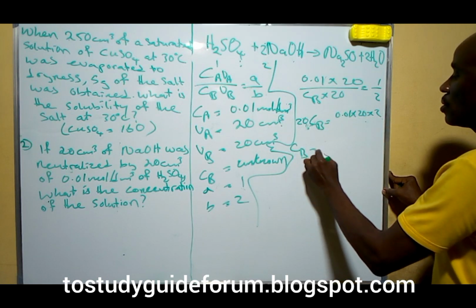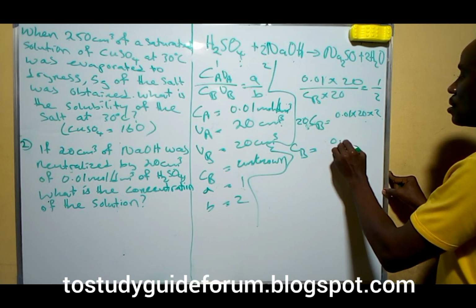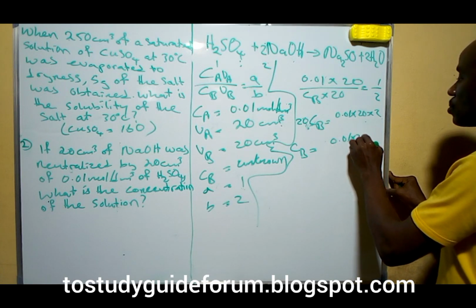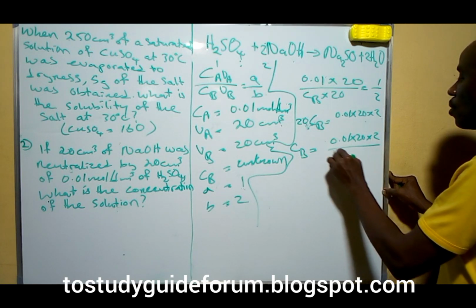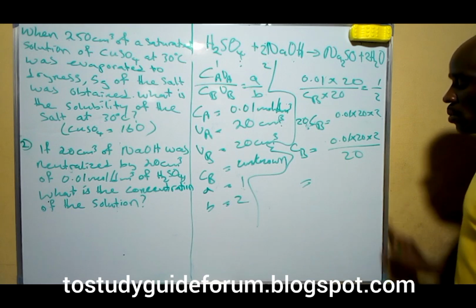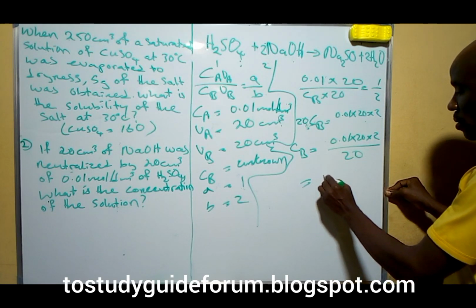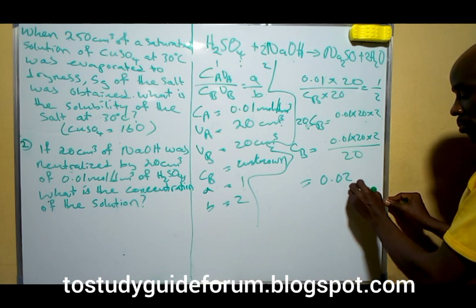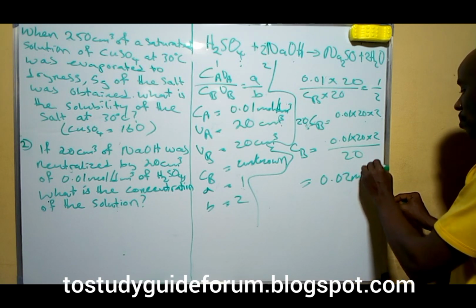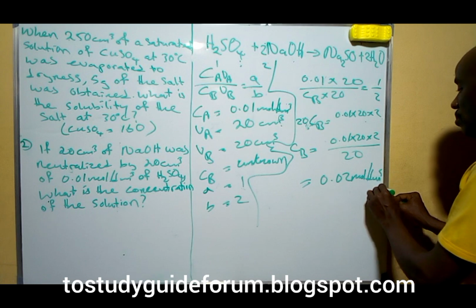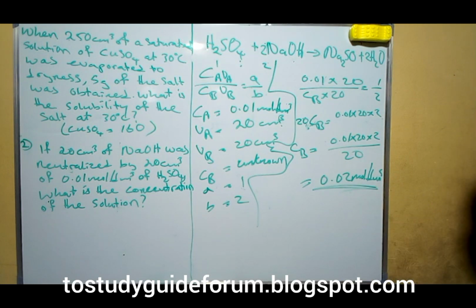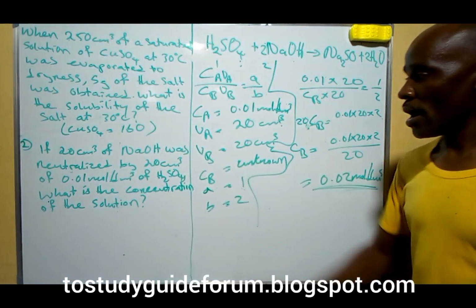Then CB will be equal to 0.01 times 20 times 2 all over 20. If we divide everything, we have 0.02 mole per dm³. That's the concentration of the solution of sodium hydroxide.